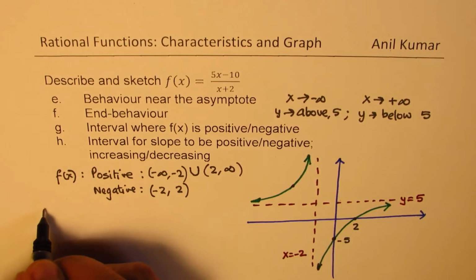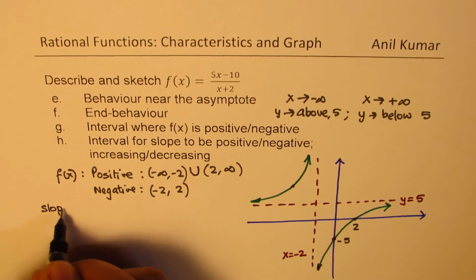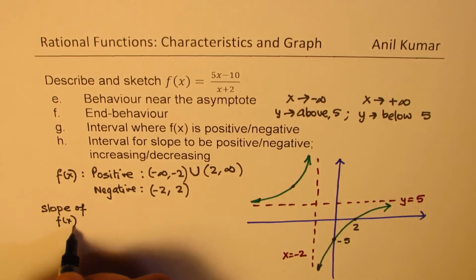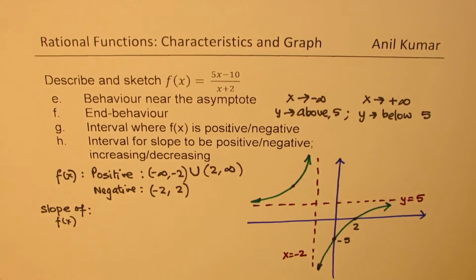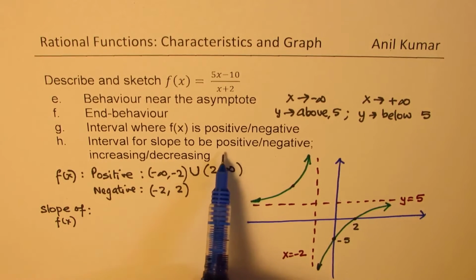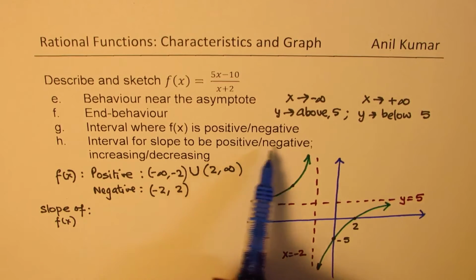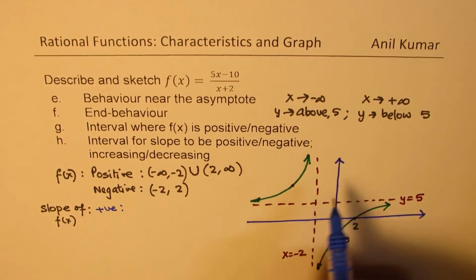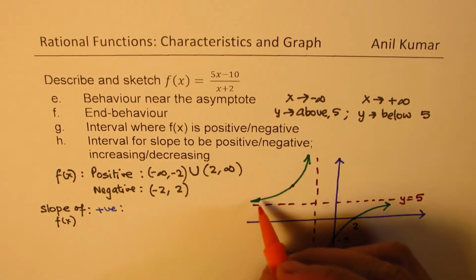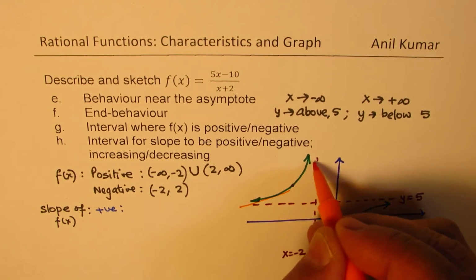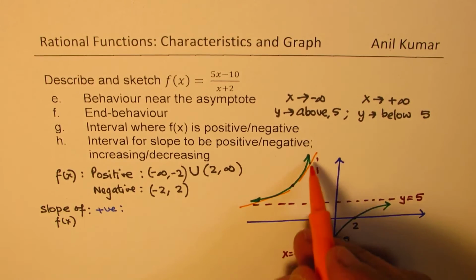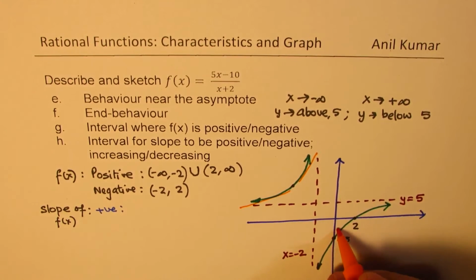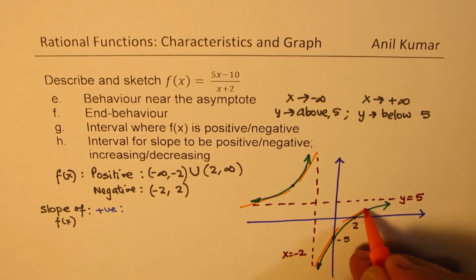Now let's talk about the slope. Slope is the rate of change of the function, so the slope of f of x. Whenever we talk about slope, there are two important things. One is whether the slope is positive or negative. Let's look, when is it positive? Positive means that if I draw a tangent, it is rising. So it is rising all the way. So it is positive during this interval. Here also, if I draw a tangent, it is positive.